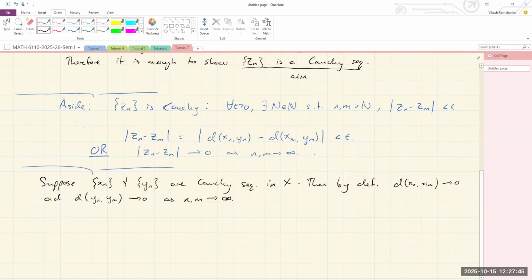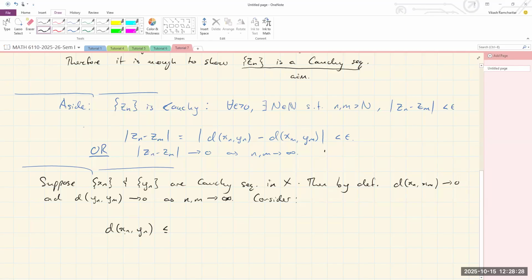So my aim is to show that this thing here is going to 0. I want to try to build that inequality you see up there. So I could consider the distance between xn and yn, and notice that it's the modulus of this, and there's an xm and ym, so I need to bring that in.